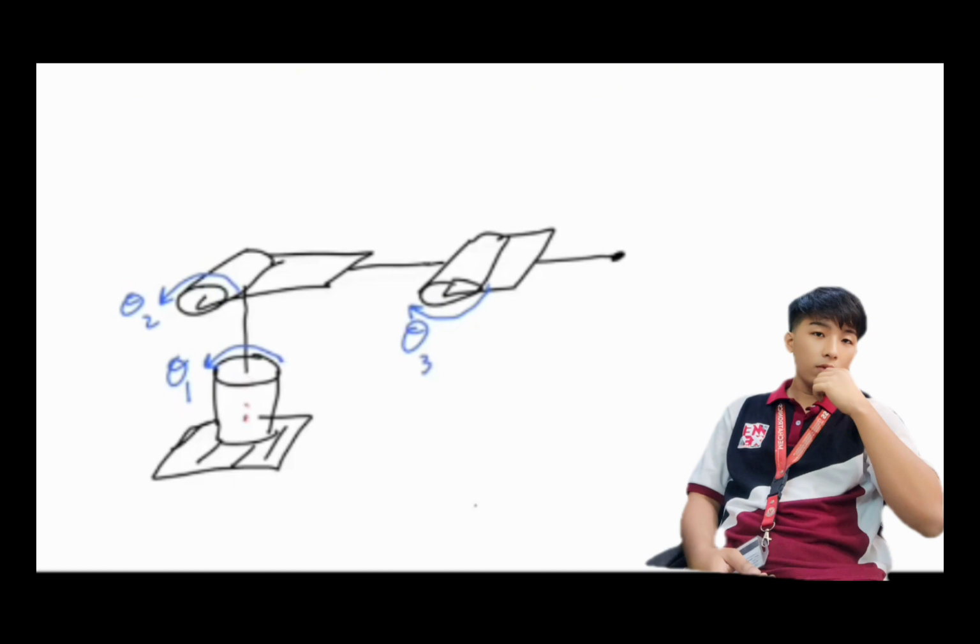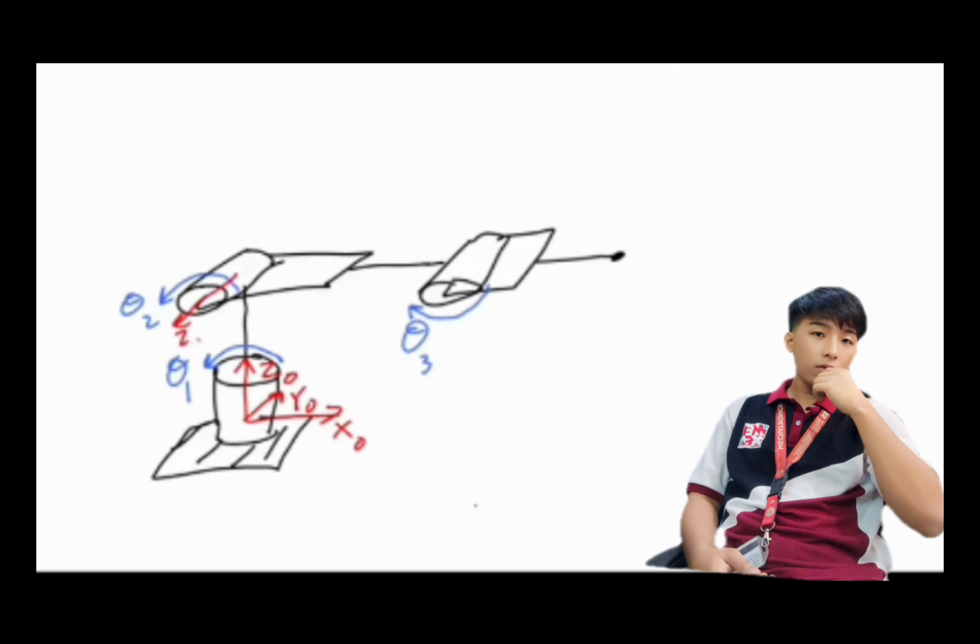So from the base, frame n minus 1, z sub 0 is pointing up, x sub 0 is pointing to the right, and y sub 0 is pointing to the side.